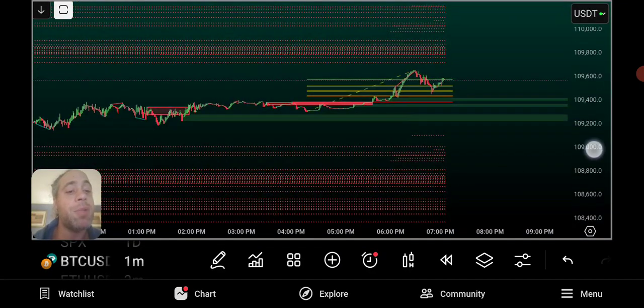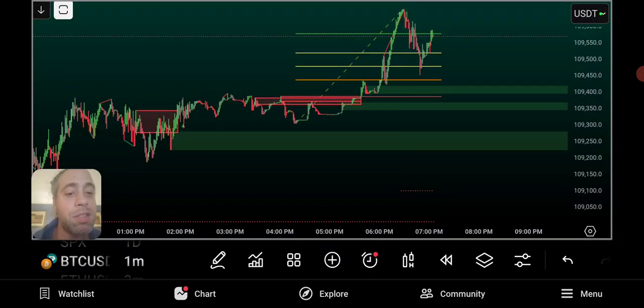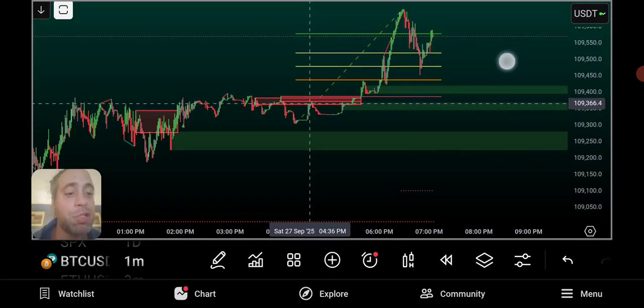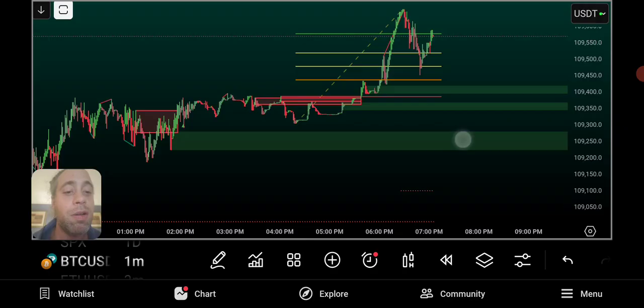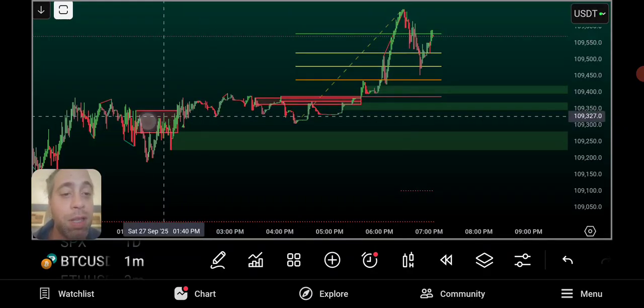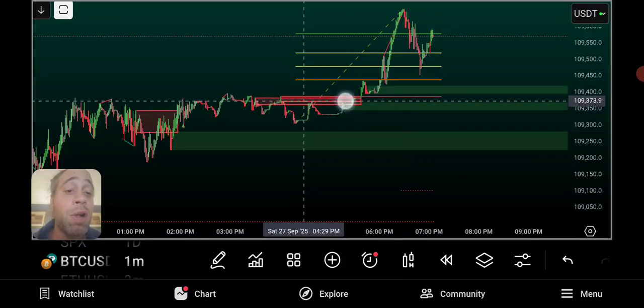Let me give you an example. I'm going to tie this into order blocks here. These green things here are order blocks. They're bullish order blocks. You can call them buy walls, or you can call them order blocks. And these red things here are sell walls or sell blocks that have been violated.